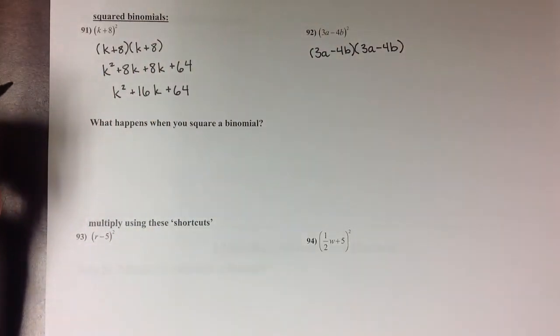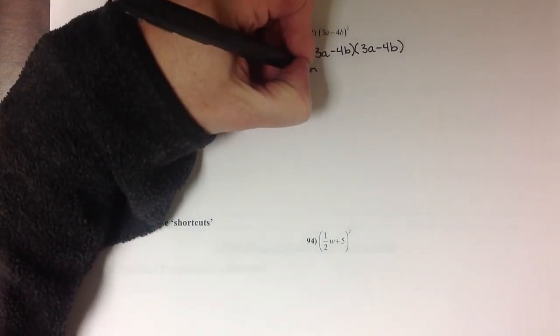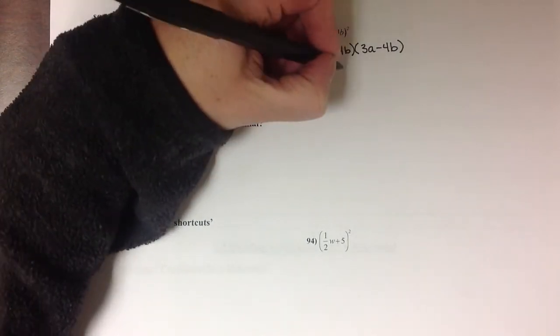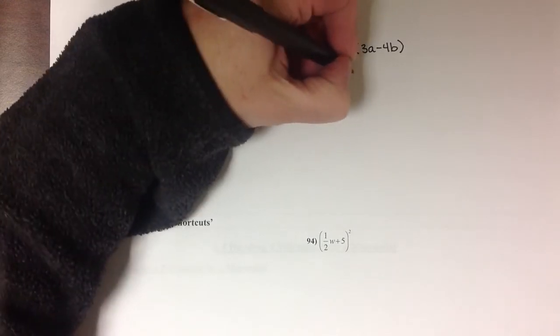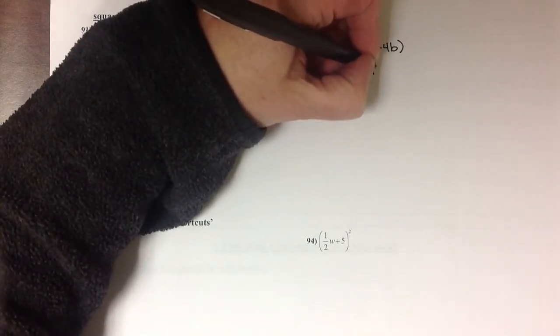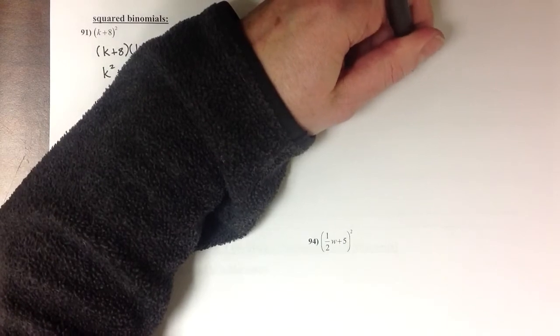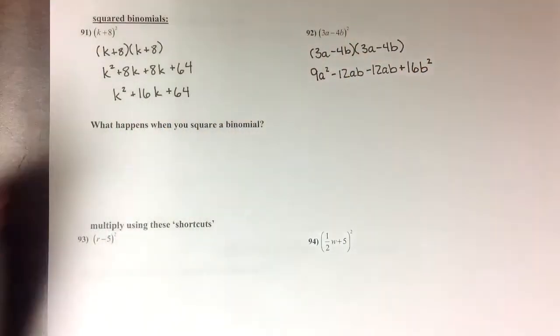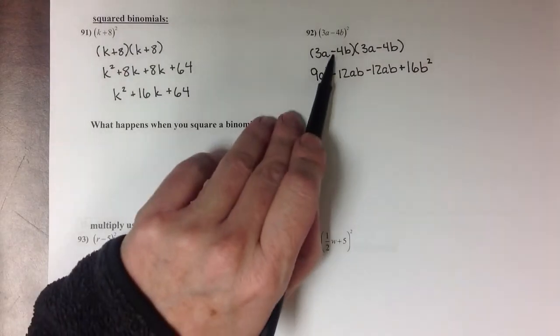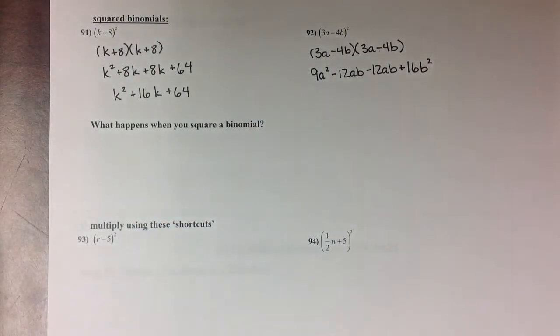Trying it with the second example, 3a minus 4b times 3a minus 4b. Following our FOIL pattern, we'll get 9a squared minus 12ab minus another 12ab plus 16b squared, because this negative times a negative is going to give us a positive b squared.